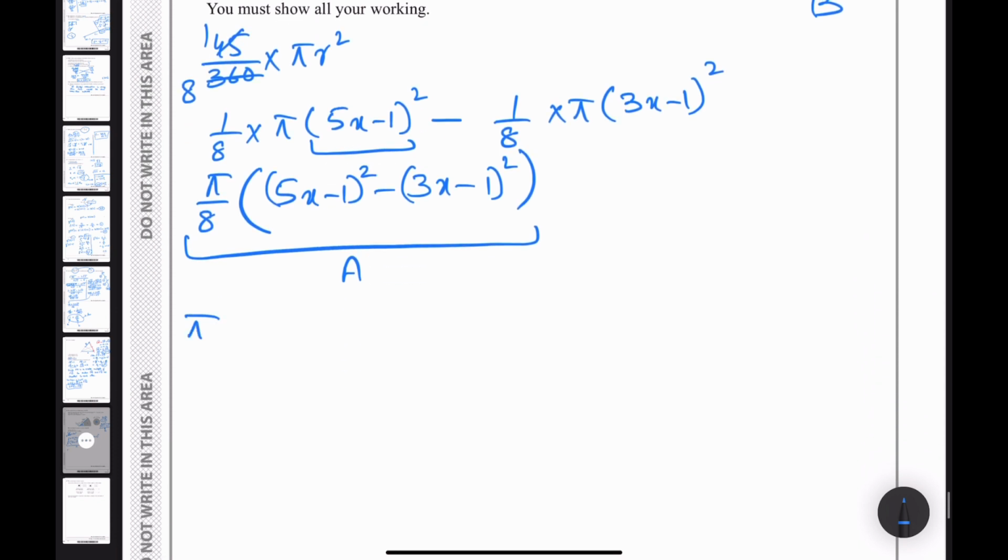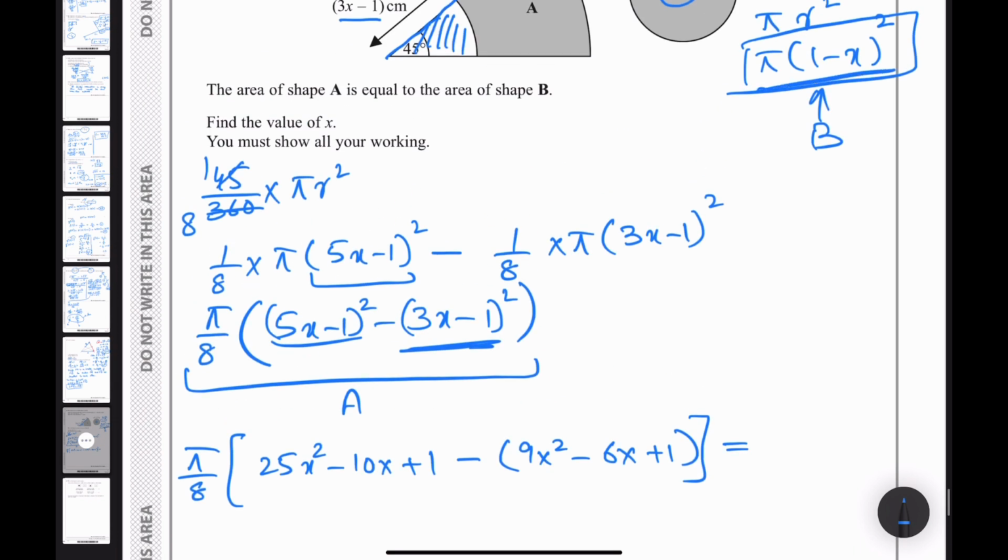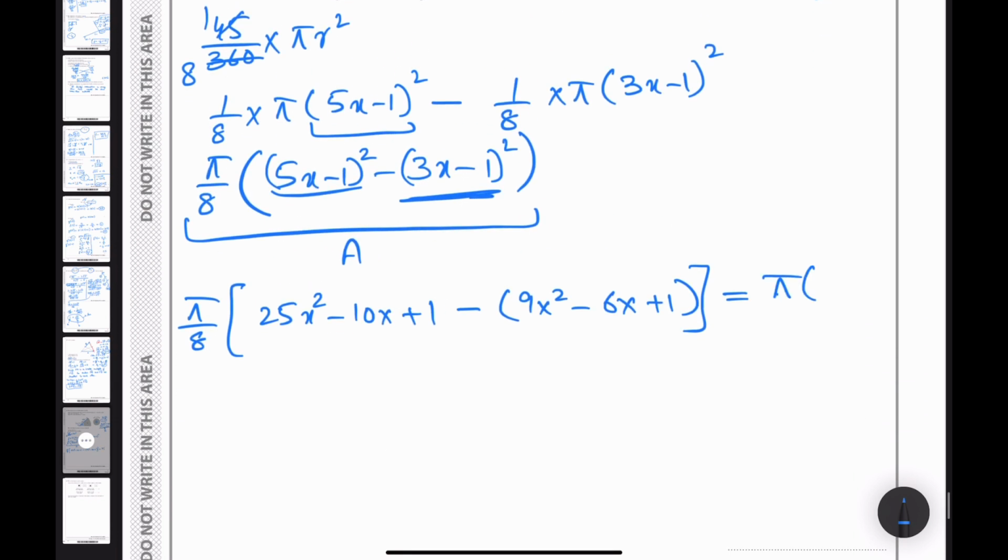So pi by 8 bracket, let's expand it. So it'll be like 25x square minus 10x plus 1 minus, let's expand this bracket now. It'll become 9x square minus 6x plus 1, close the bracket, put it equal to pi times 1 minus x whole square.